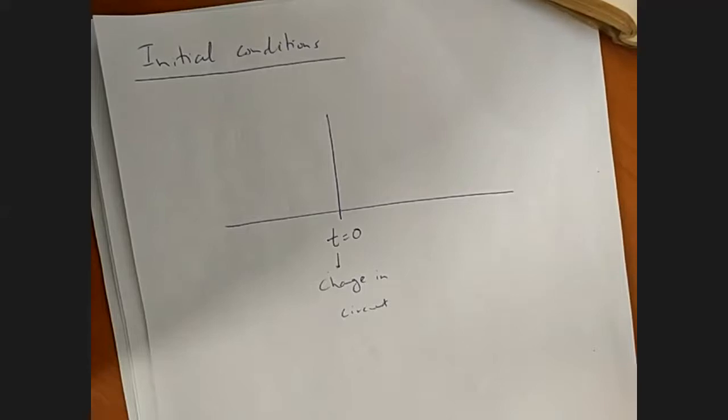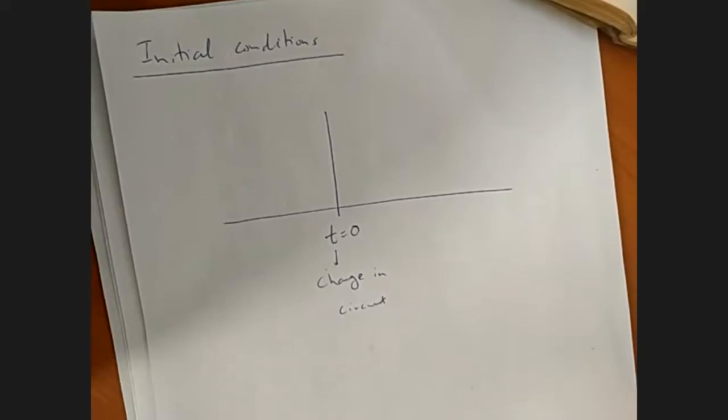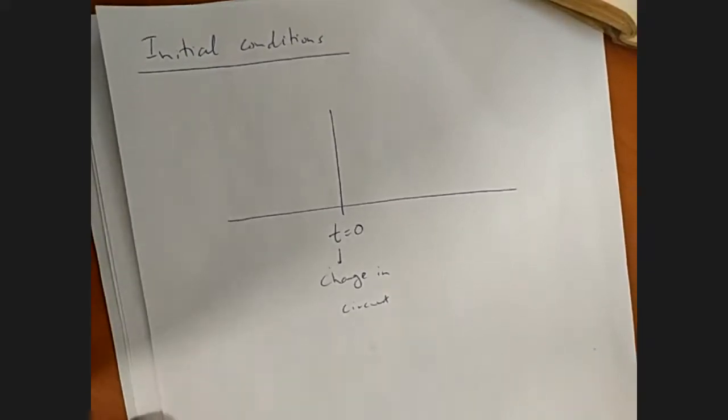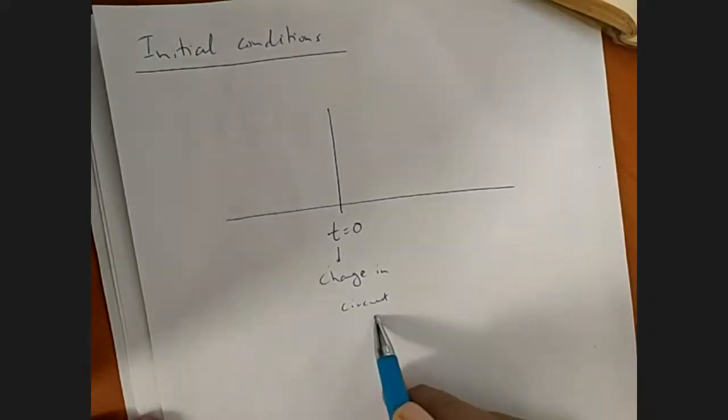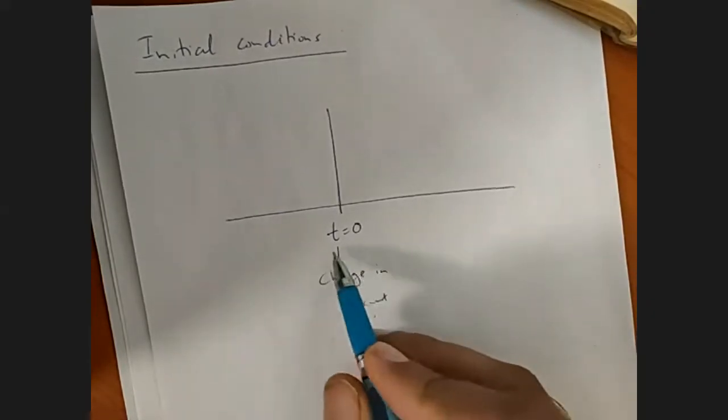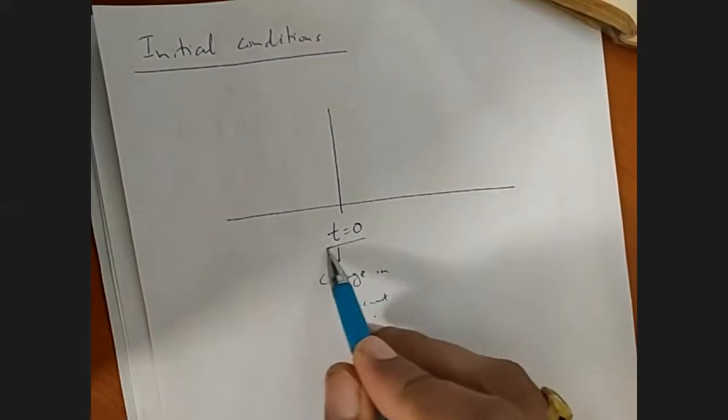As discussed, it may be closing of the switch, or opening of the switch, or changing the position of the switch. So it will be a change in the circuit. We are assuming that it is taken at t equal to 0.